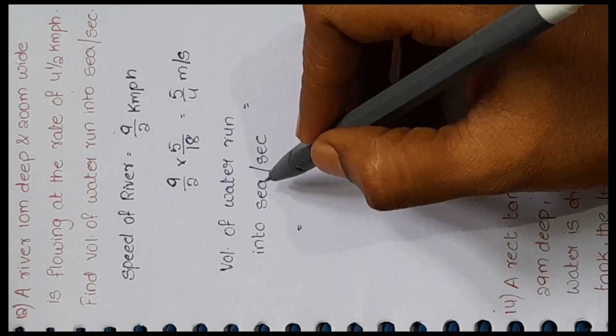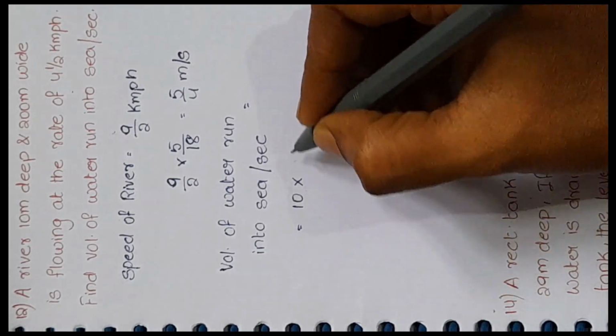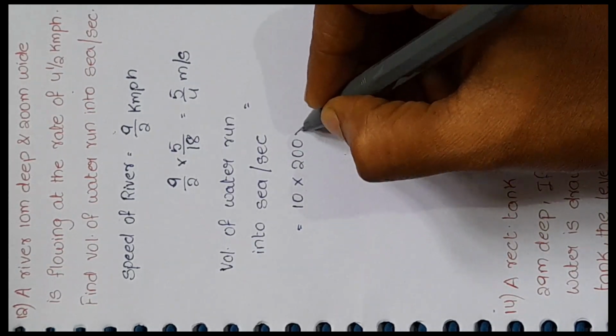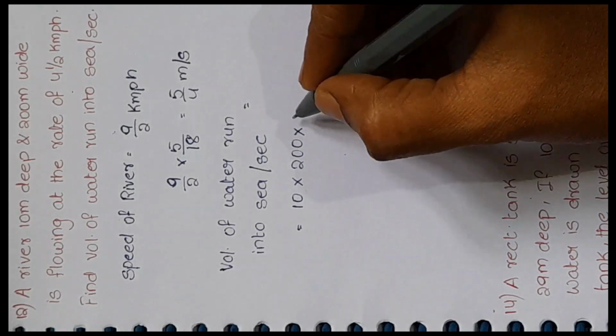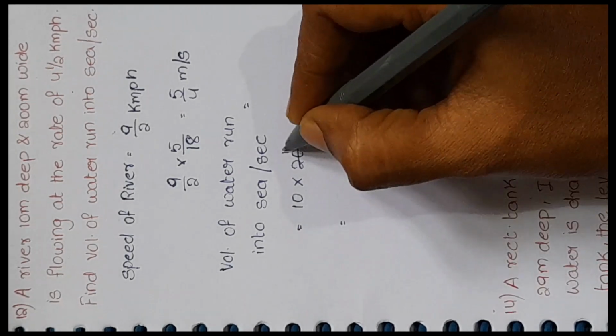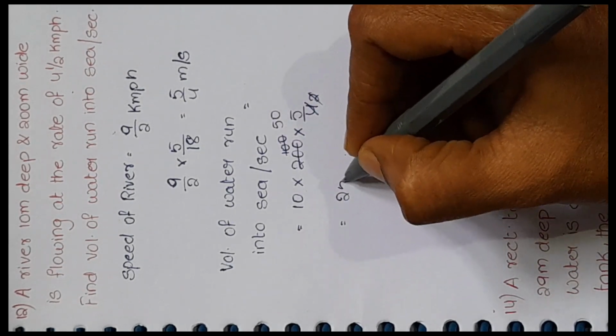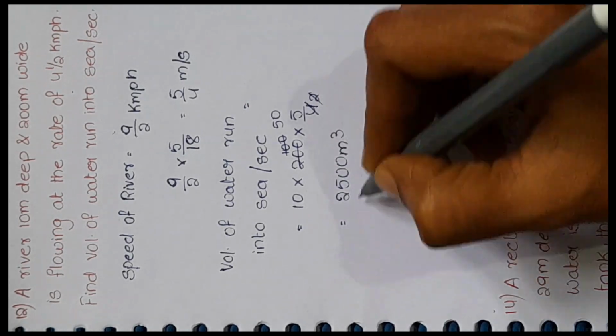Now the volume of water run into the sea per second is 10 meters deep, that is 10 into 200 meters wide, 200 into 5 by 4 meters per second. So 5 by 4. On cancellation, we get this as 2500 meter cube.